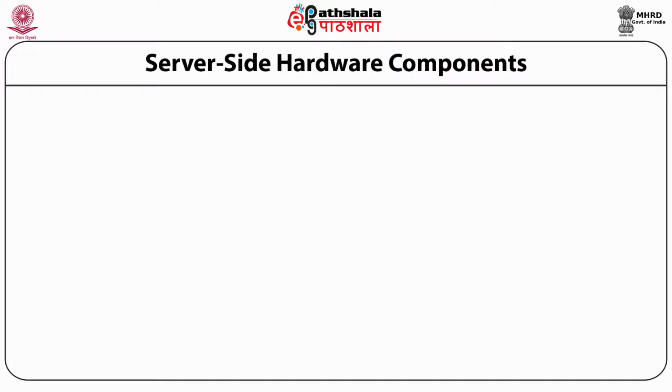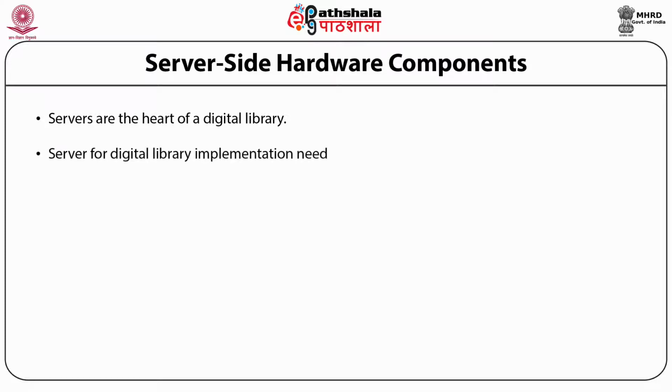Now let's have a look at server side hardware components. Basically, servers are the heart of a digital library. Servers for digital library implementation need to be computationally powerful so that users' queries can be responded to within no time.